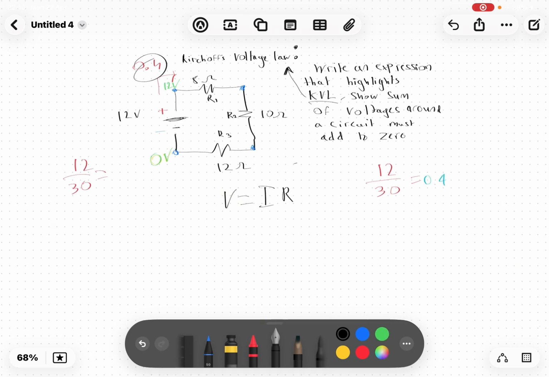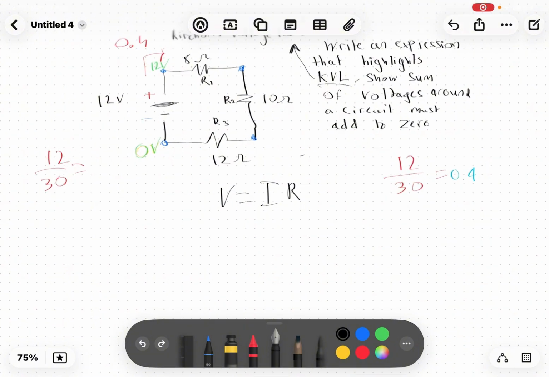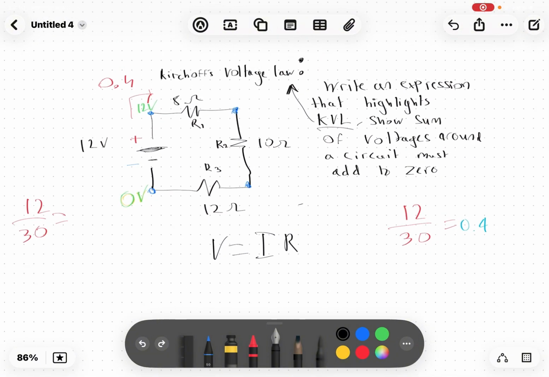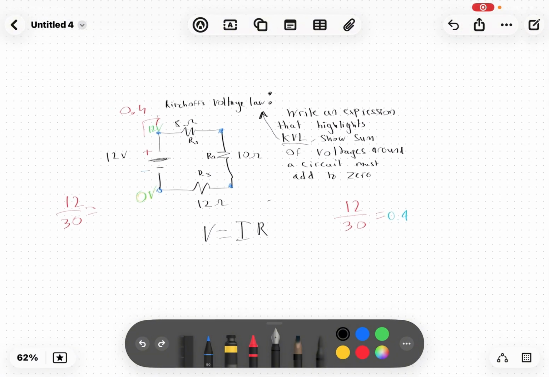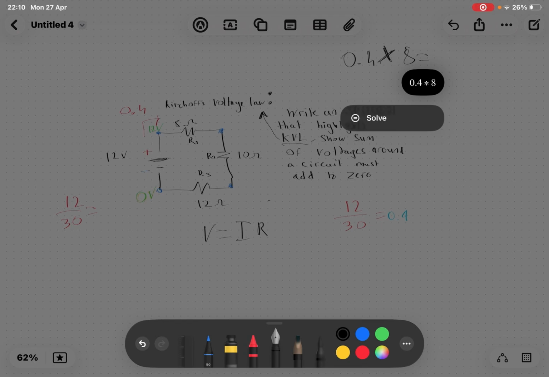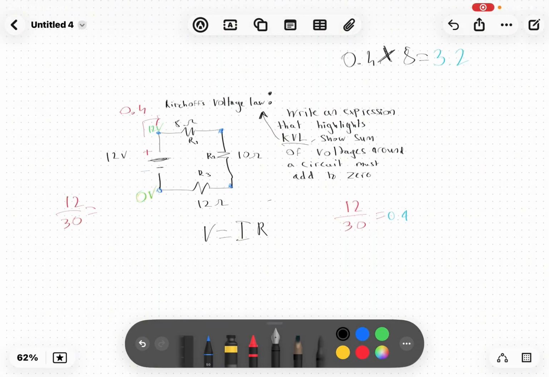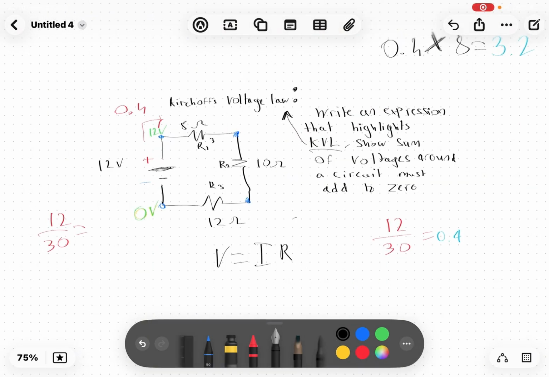We have the I, we have the R, so 0.4 times 8 equals 3.2. So the voltage here is 3.2.